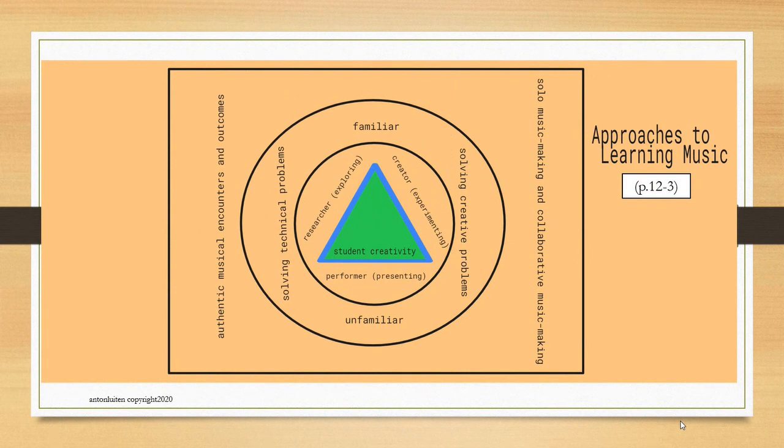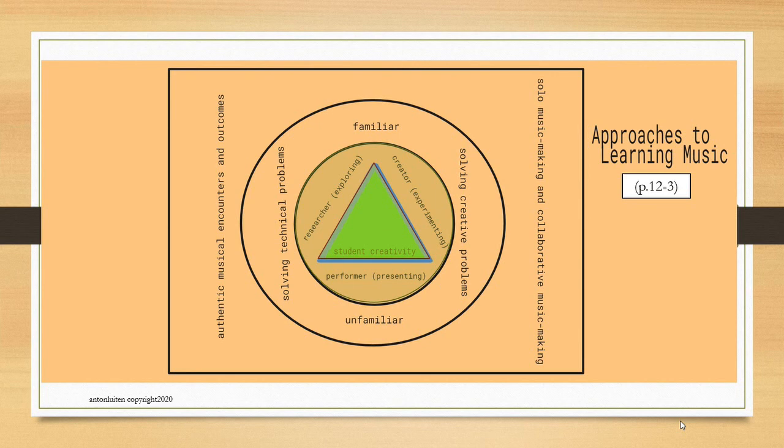Thus, to summarize this information, the music course is student-centered and places student creativity at the heart of holistic learning. Learning about music invites students to explore music practically and understand the correlation between the musical roles researcher, creator, and performer. Each role is associated with distinct musical competencies and skills.